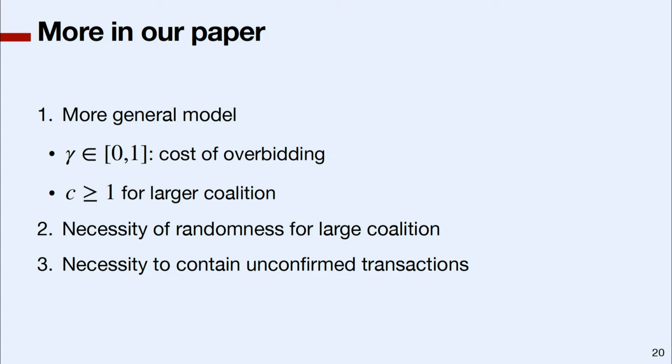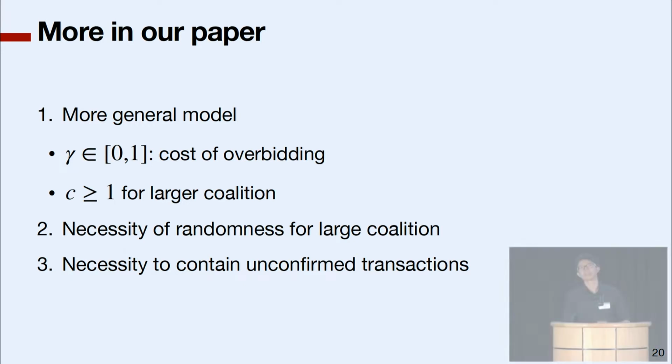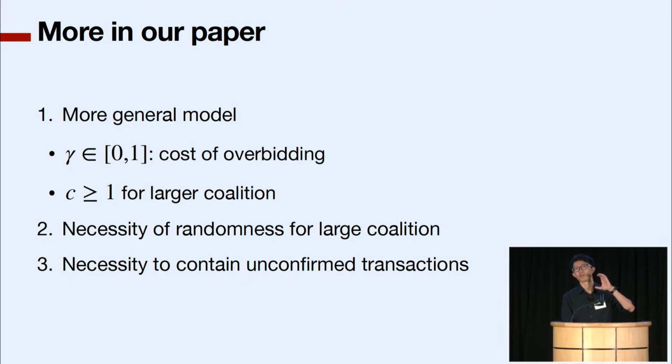Maybe if my true value is 3, I bid 5, but on average I only need to pay 4. So we have a knob between 0 and 1. That is the ratio of the difference between your bid and your true value that you pay. If the ratio is 0, there is no cost. If the ratio is 1, you have to pay the full cost. And we consider any ratio between 0 and 1.